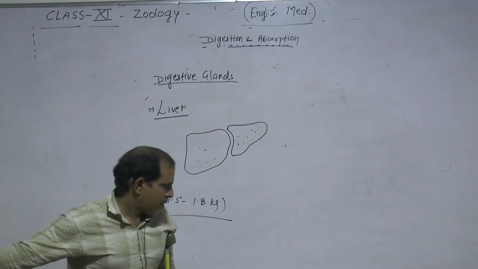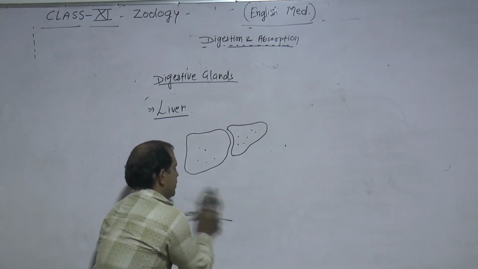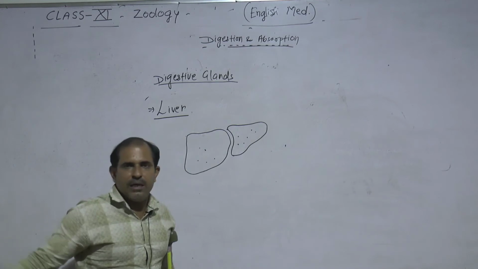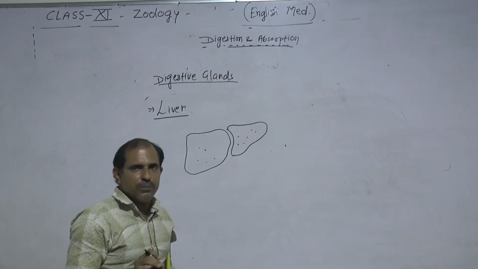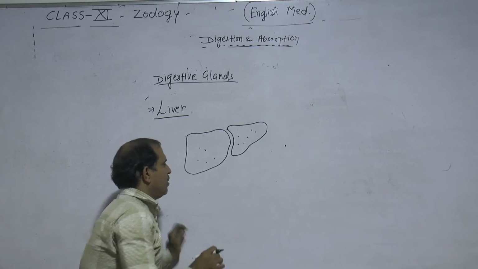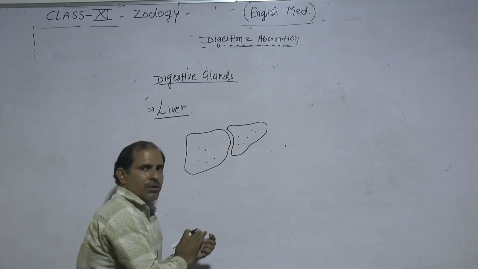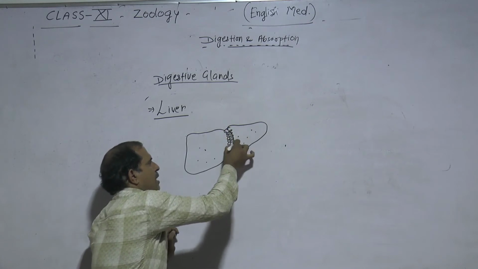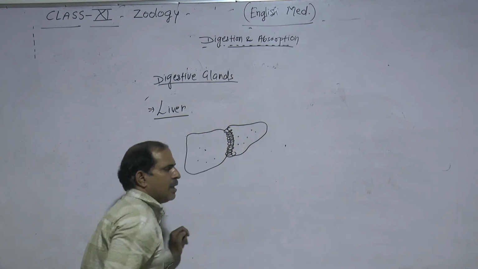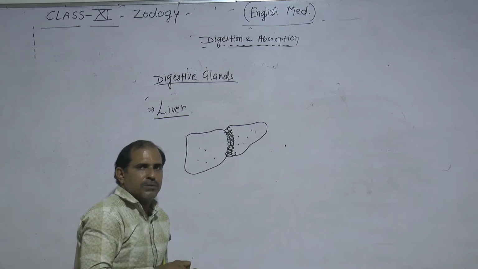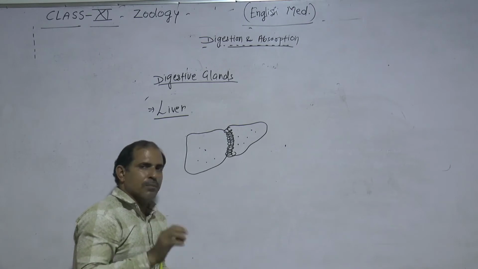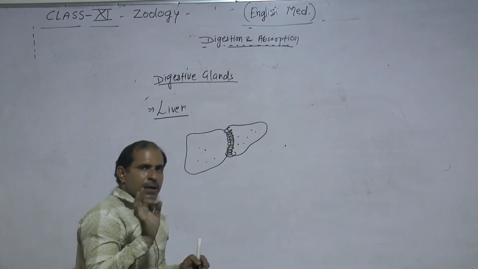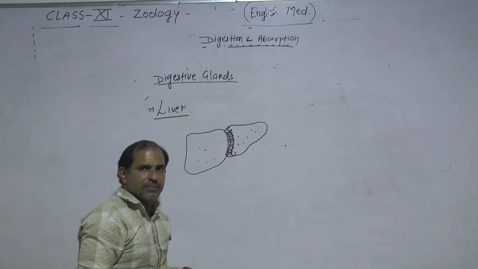The liver consists of two lobes, and one lobe is larger and another is shorter. Both the lobes are fused by a ligament called falciform ligament.